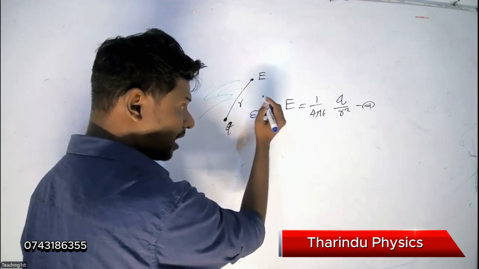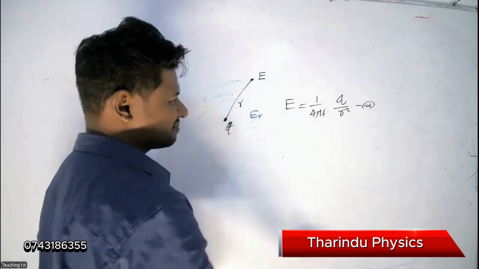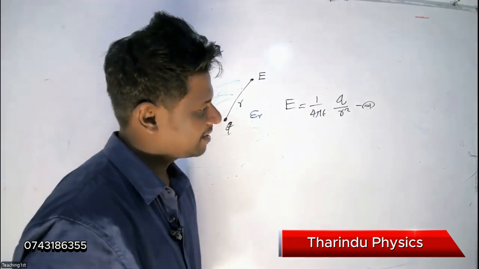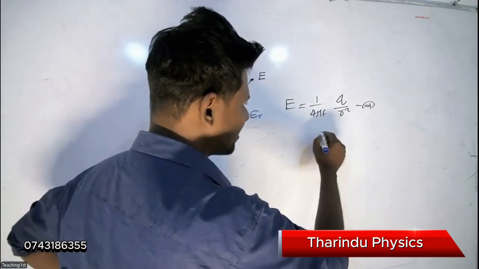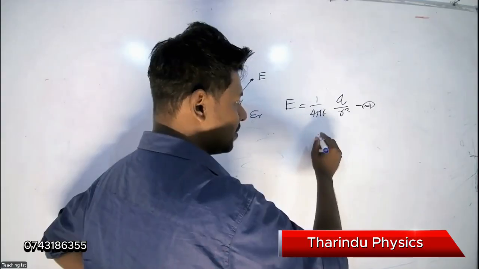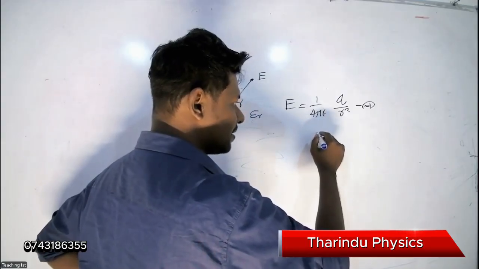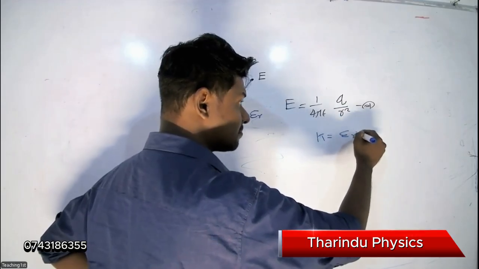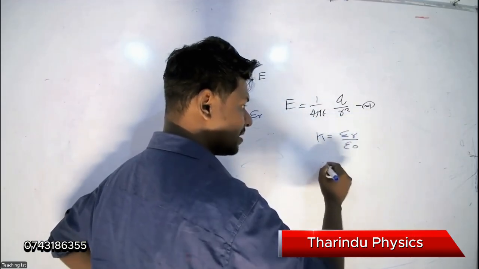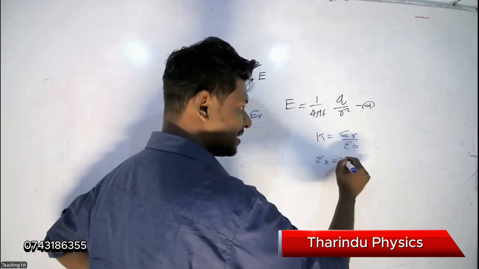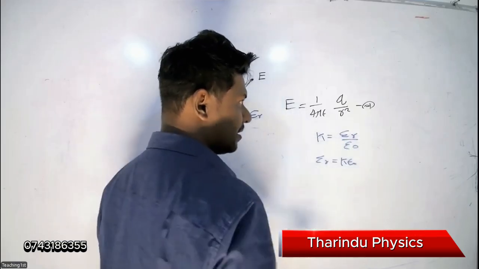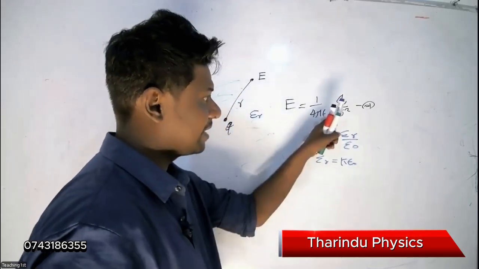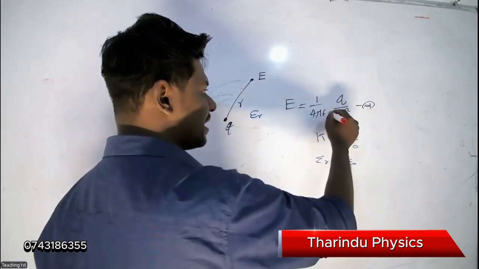So there is an effective permittivity. How do we get it? The dielectric constant K equals the effective permittivity over epsilon naught. So the effective permittivity is K epsilon naught. It is no longer epsilon naught here, it is K epsilon naught.